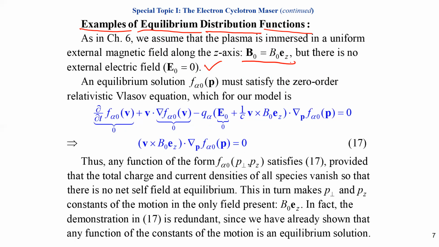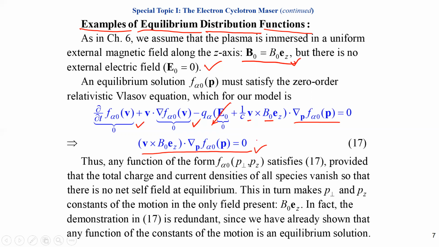Okay, we have B field but no E field. So an equilibrium solution f alpha 0 of P must satisfy the zero order relativistic Vlasov equation, which for our model is here, independent of time and independent of position. And this is 0. And this one times this one. So we have this one, 0.